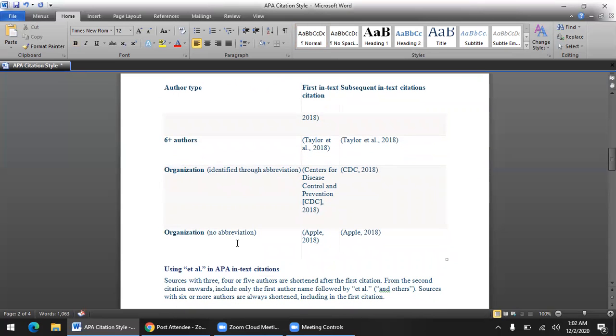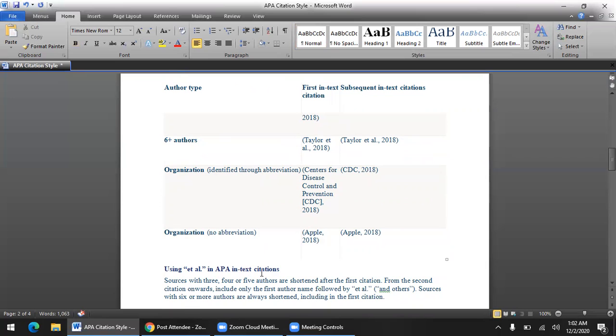If the organization has no abbreviation, just write the name of the organization followed by a comma, then the year of publication. So it is the same as with an author. When we cite the work of one author, just write the name of the organization and the year of publication.